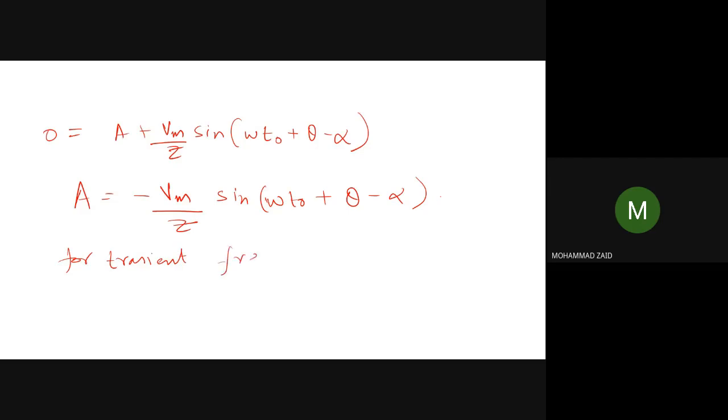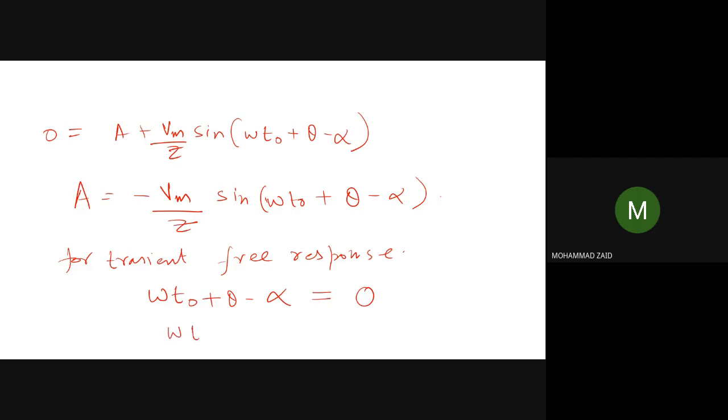Now for transient free response, the steady state will remain the same, but what we need to do is write that omega t naught plus theta minus alpha should be equal to 0, which earlier was only theta minus alpha, because t naught was 0. Now, if you have switched on at t equal to t naught, then the t naught factor will also come.